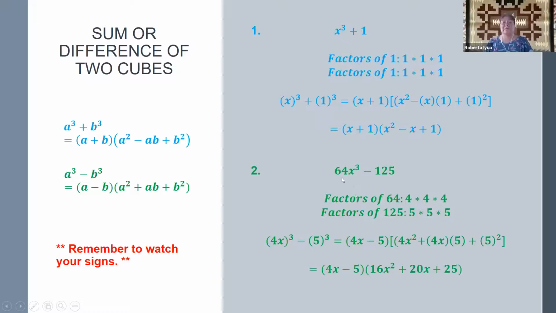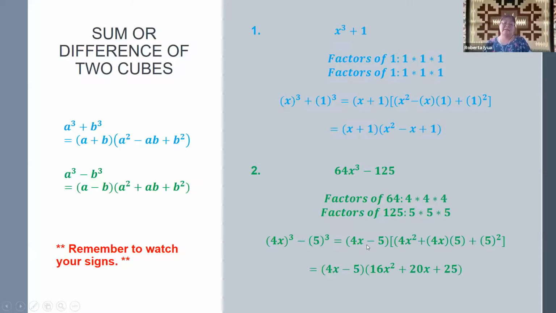And the second example is 64x cubed minus 125. The factors of 64 are 4 times 4 times 4, and the factors of 125 is 5 times 5 times 5. I just substituted my 4 and the 5 in for the a and b. And I got 4x cubed minus 5 cubed.